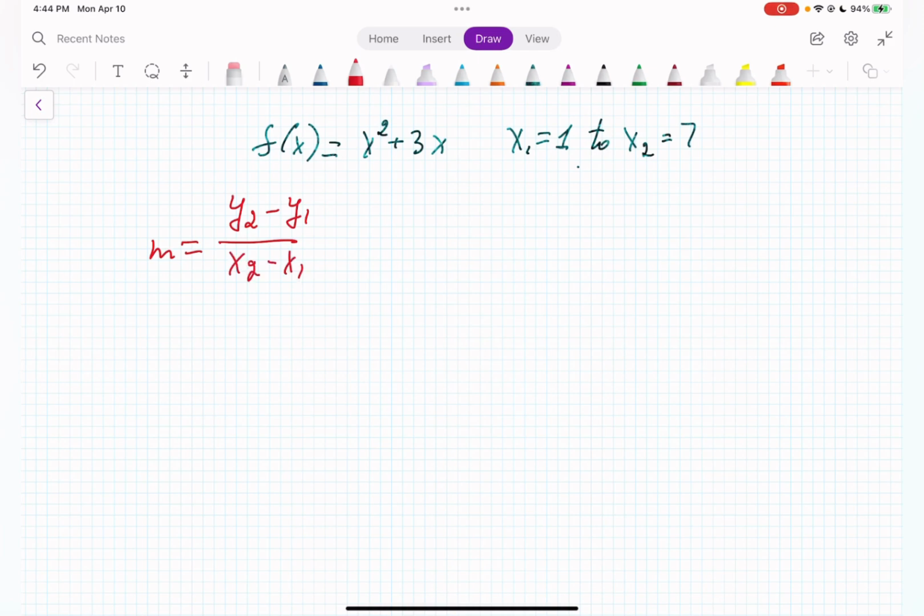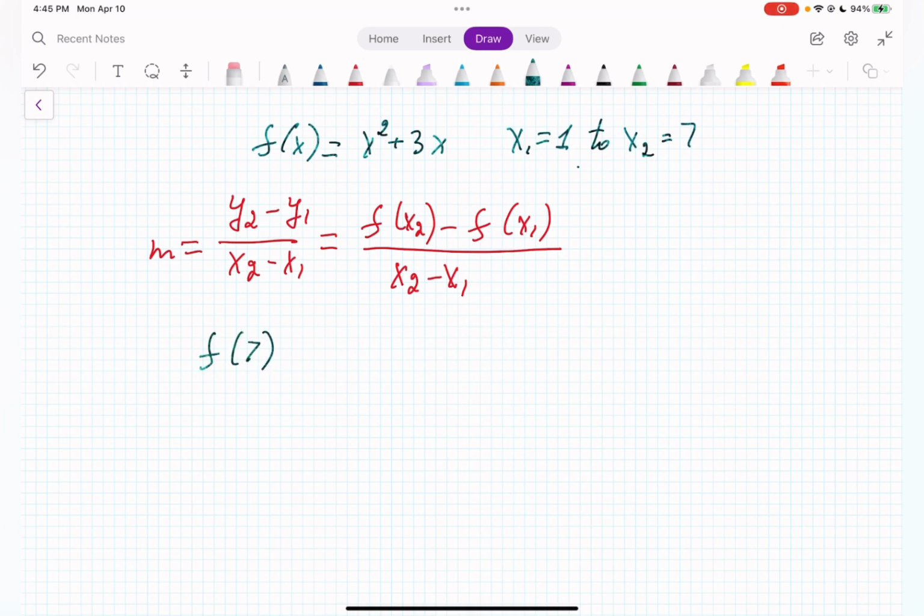So y2 is f of x2 minus f of x1, because y is a function of x, f meaning function, x is our parameter, over x2 minus x1. Okay, let's place the values. So it's going to be f of 7 minus f of 1, and dividing by 7 minus 1. Okay?